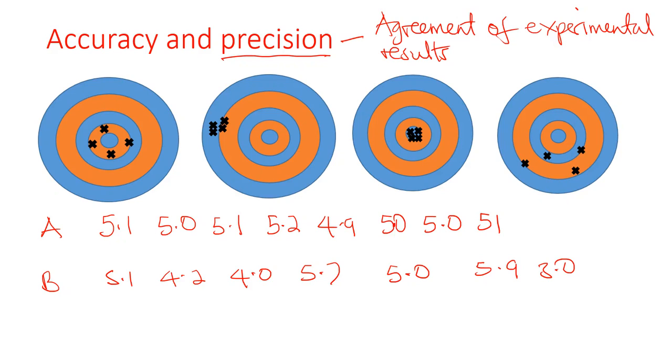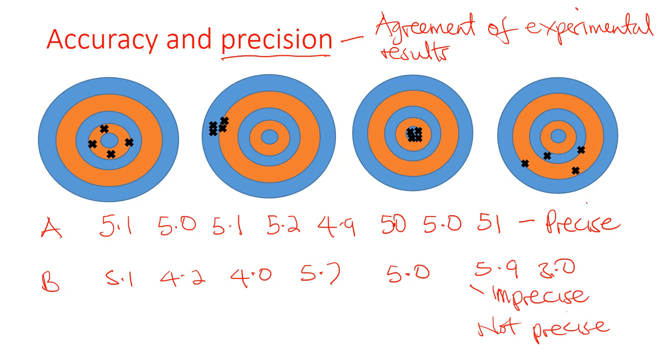Now, if you look at the two experiments, A and B, you will say that this one is precise because there is a good agreement among experimental values. This one is imprecise, or not precise, because there is a disagreement among experimental values.